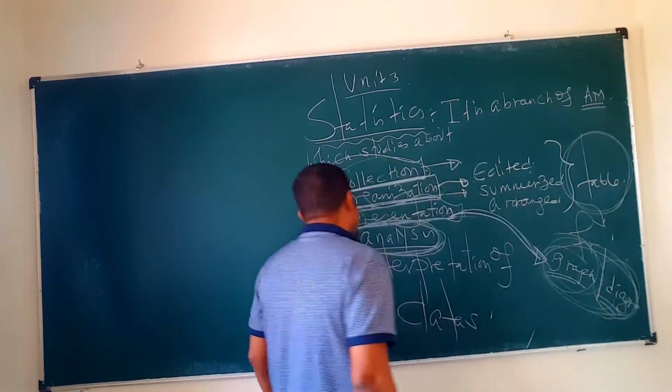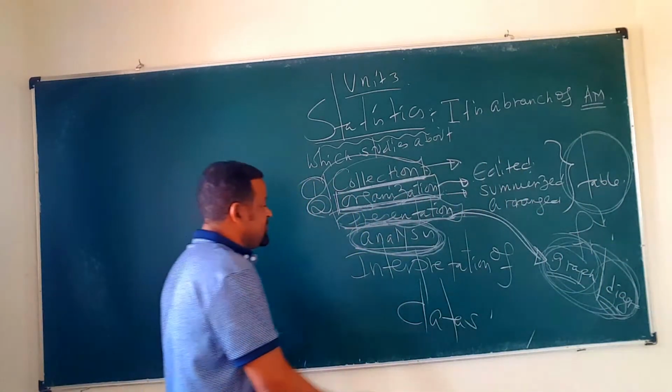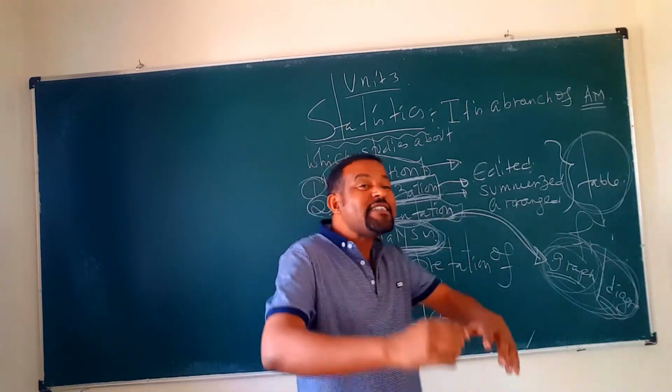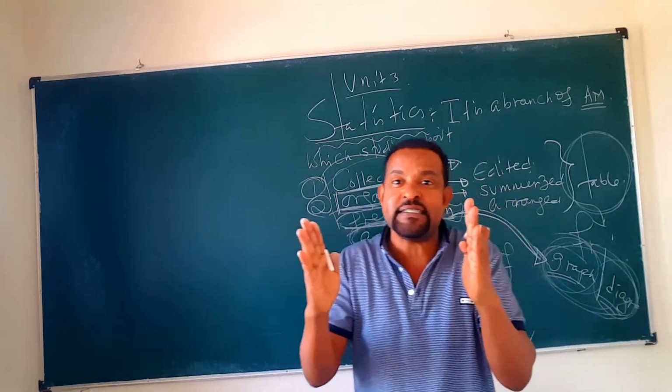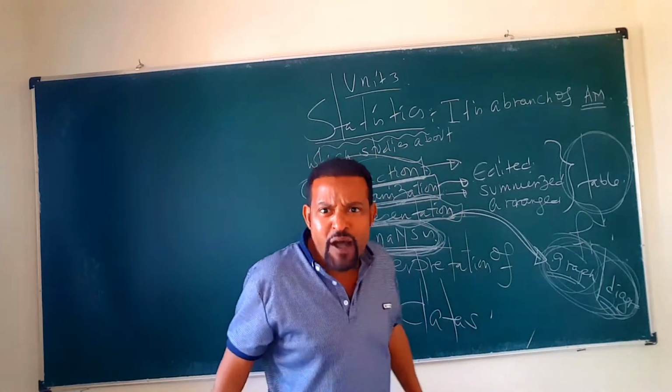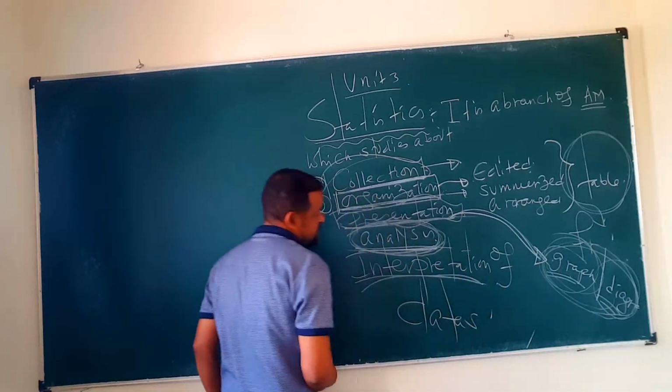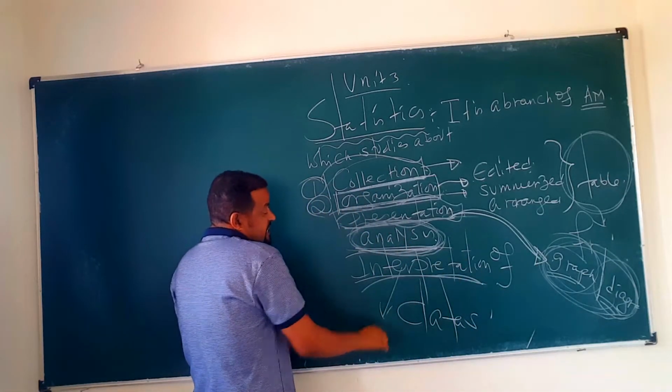A diagram. Then that present data should be what? Analysis. Analyze መደረግ አለበት. So that present data should be analyzed, should be investigated. For what purpose? For interpretation purpose, for conclusion purpose. Interpretation is nothing giving a conclusion.